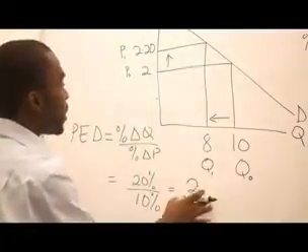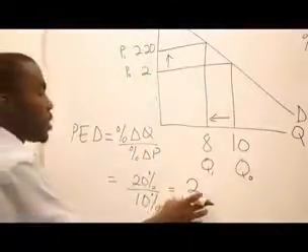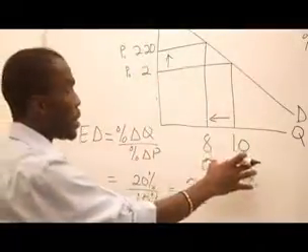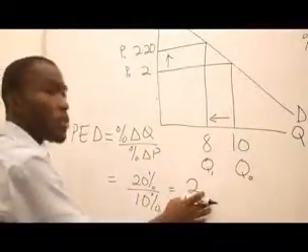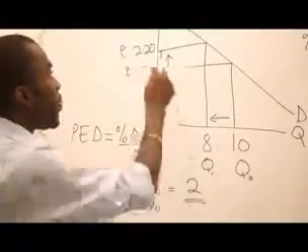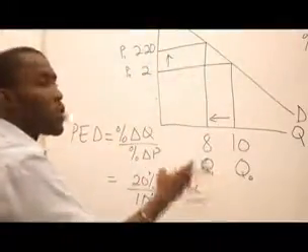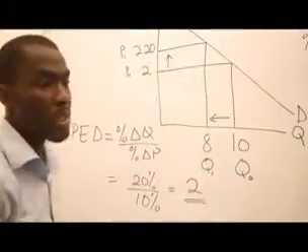What does this mean? This means that when you increase price by 1 unit, quantity demanded will fall by 2 units.